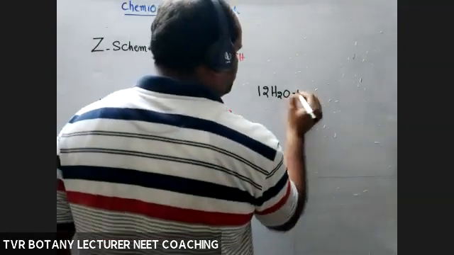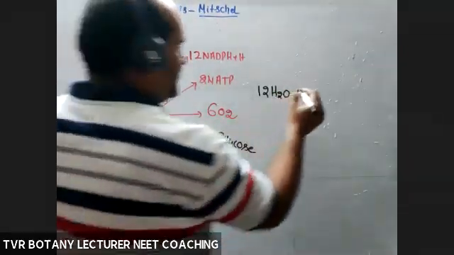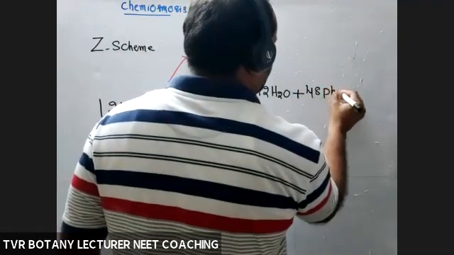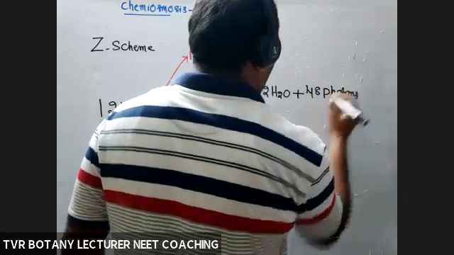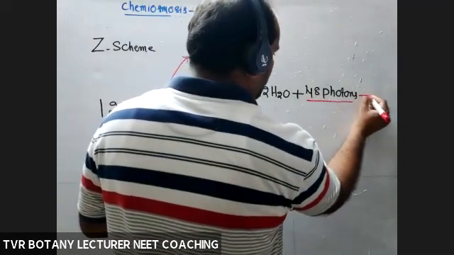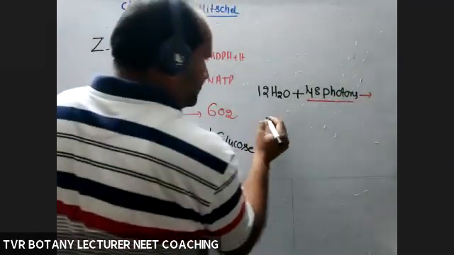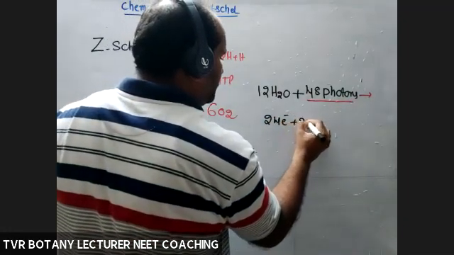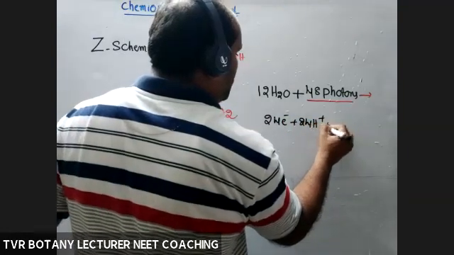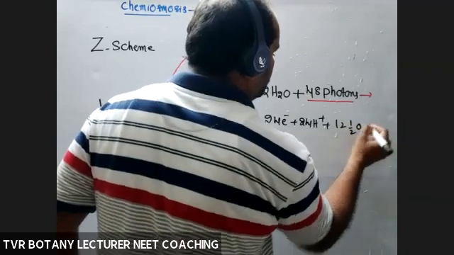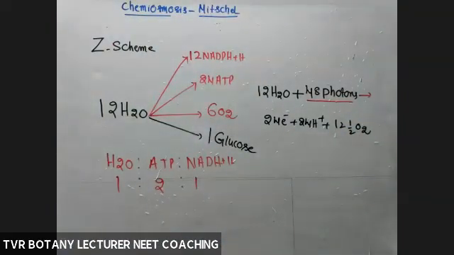So it needs 12 into 4, 48 photons, not protons, energy particles, photons. 12 H2O molecules in the presence of this number of photons are oxidized into 24 electrons plus 24 H plus and 12 half O2 atoms, which are 6 O2 molecules, right?